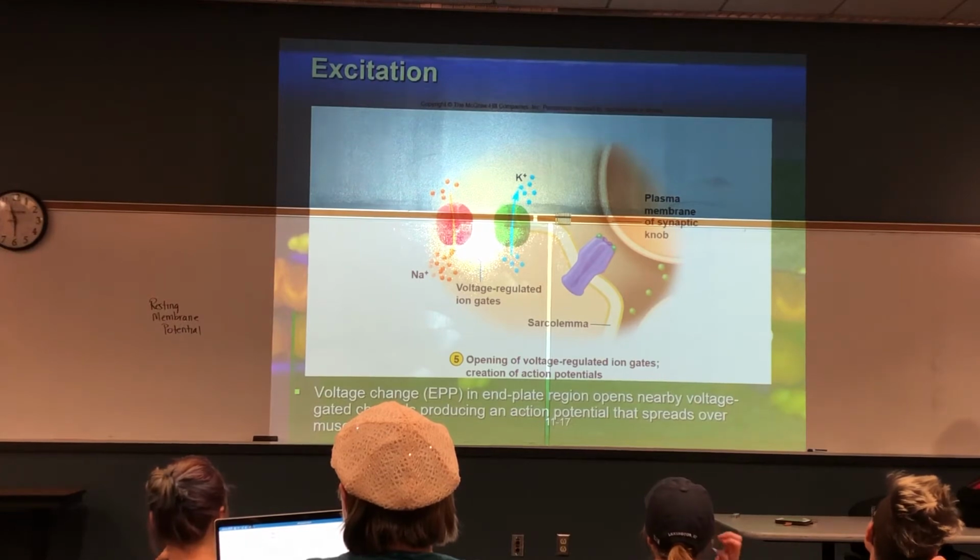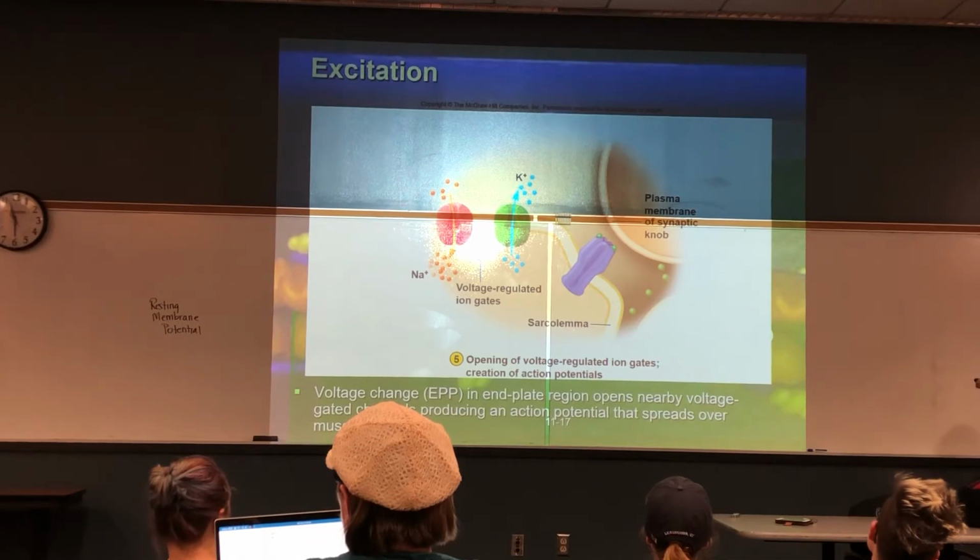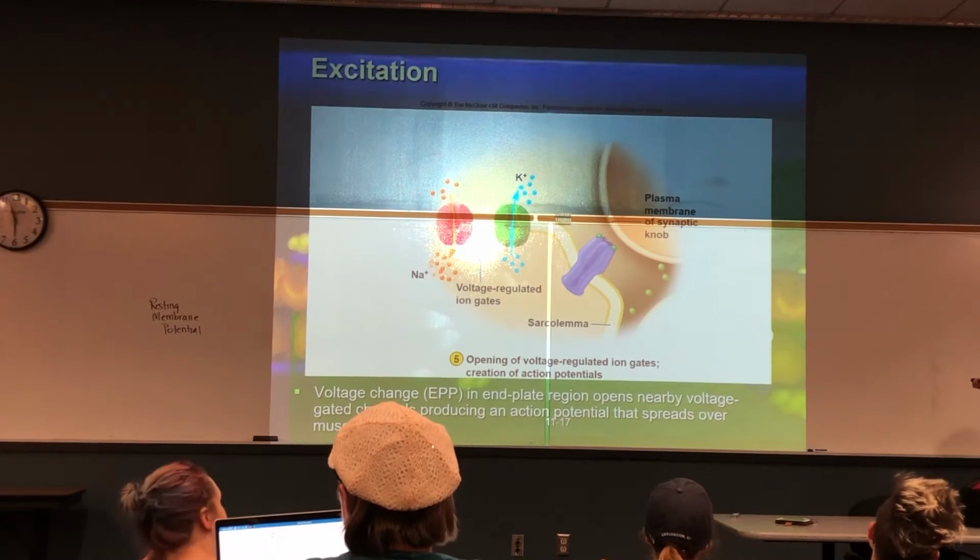It's like a series of dominoes in a line. The initial domino was this end plate potential. And then there are hundreds of voltage-gated channels on the sarcolemma that get stimulated by an action potential that was created by the one next to it. So it's just like dominoes.